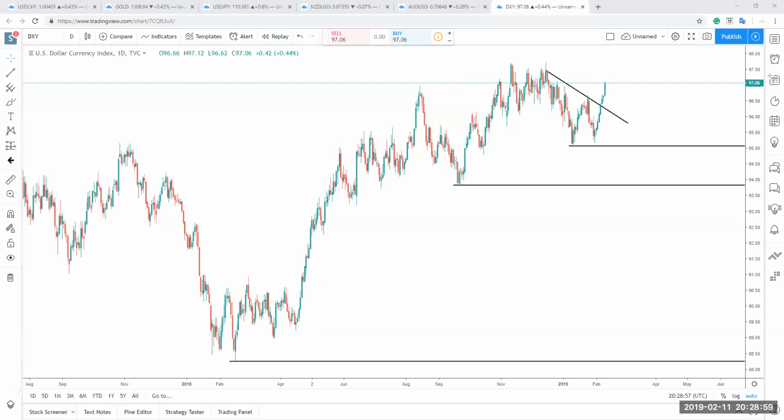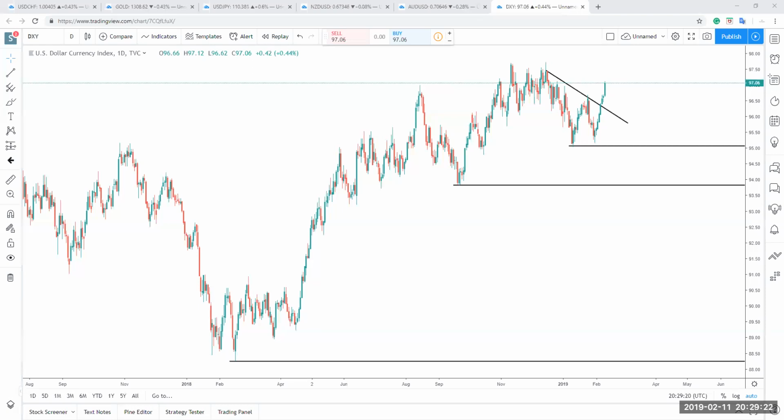price could simply, let's see what happens. Price came down, made a double top, came down, took out the previous low. So we have two channels here.